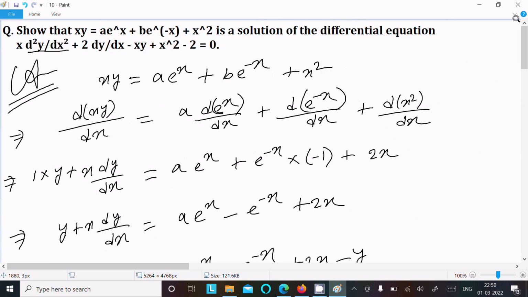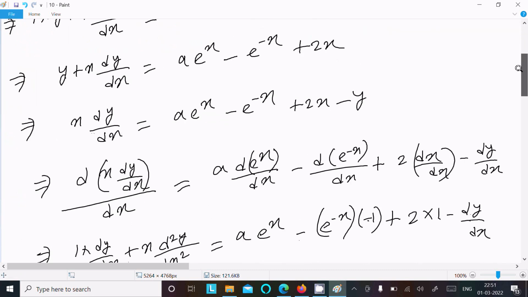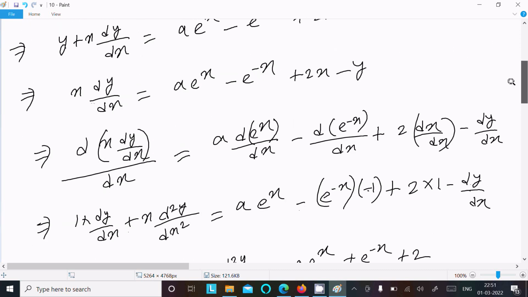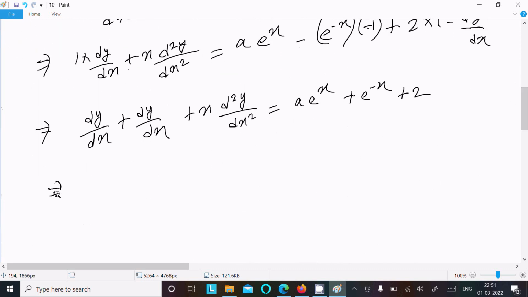The next is x d²y/dx² + dy/dx + dy/dx, so now we can write x d²y/dx² and this is now 2 dy/dx.